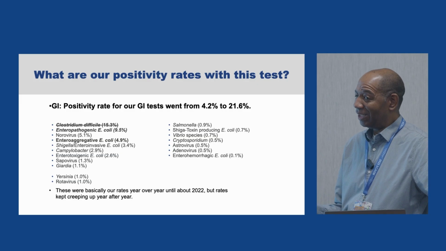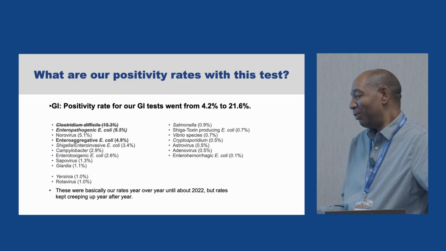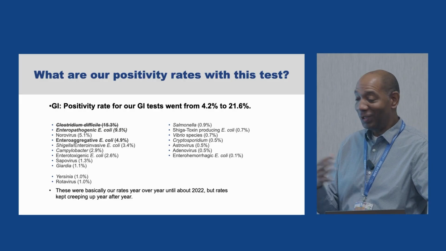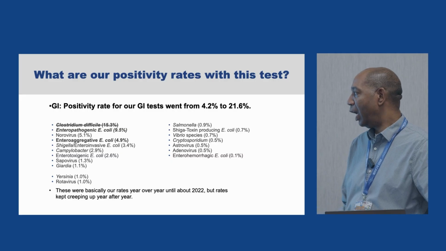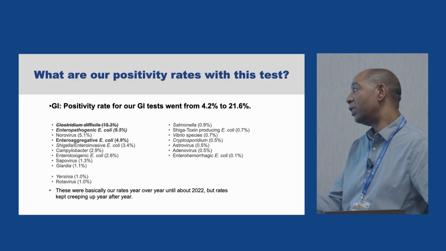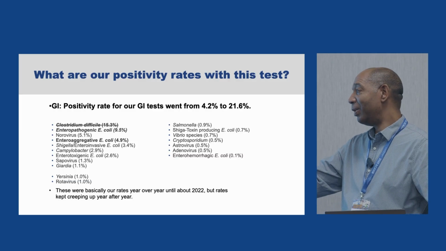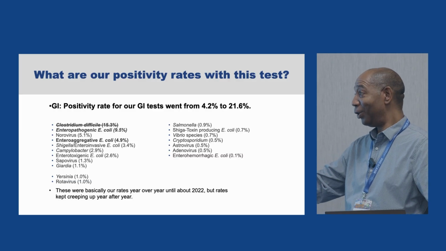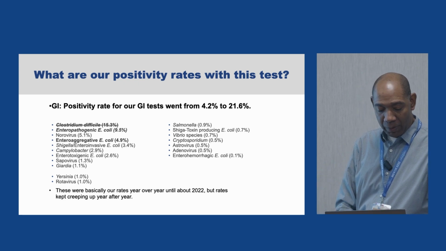Honestly, I would just like to write in the LIS, don't treat this. But then, unfortunately, if it ever wasn't a colonizer, they get to come sue me. So we don't really know what to do with it, but a lot of physicians do treat these. And on top of that, they try to do test of cure, and the test of cure does not work with these. So it's a problem.